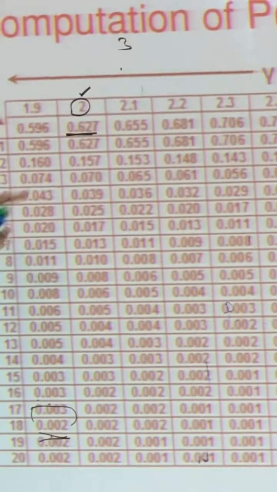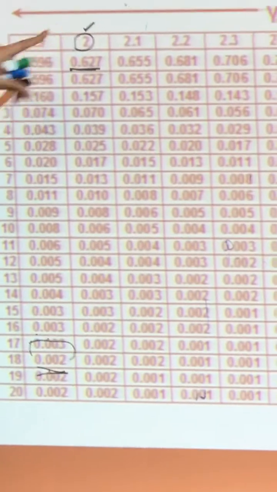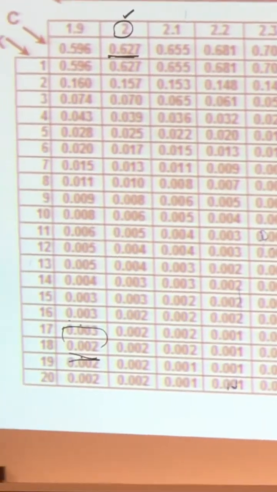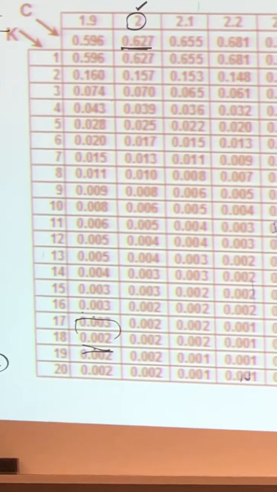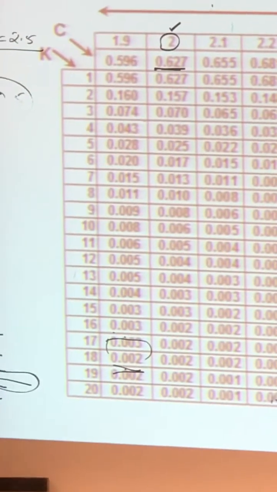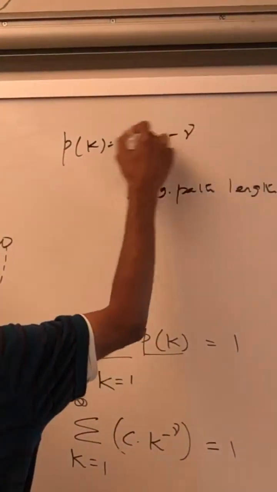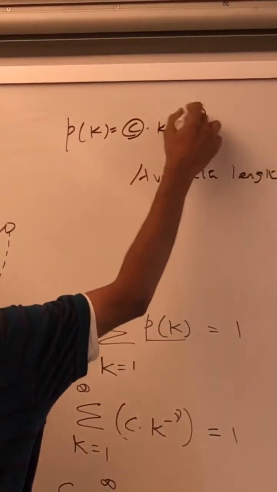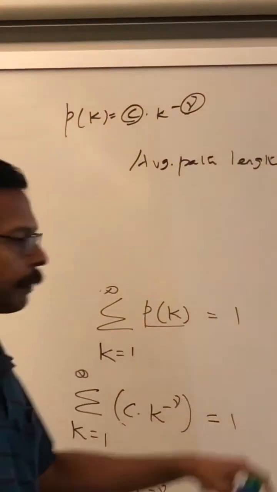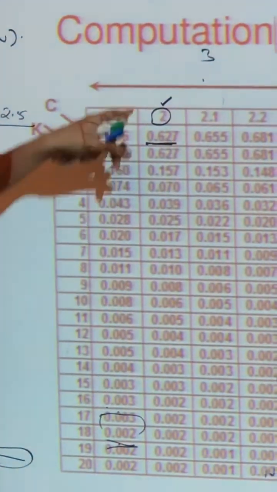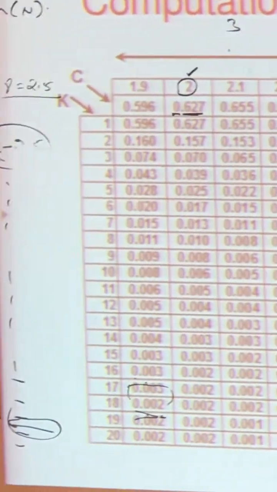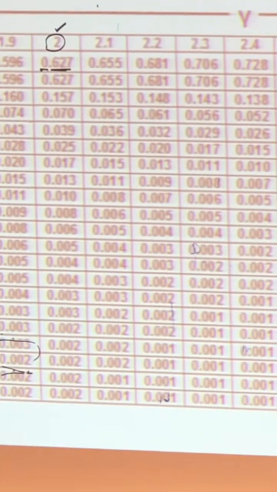Once we know the proportionality constant and the gamma value, we can generate the k versus P of k distribution, because the formula for P of k is simply C times k raised to negative gamma. We know what C is, we know what gamma is. So for different values of k, we can find P of k, and we can now even plot k versus P of k.